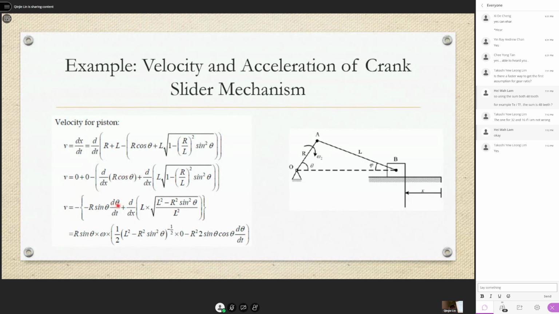So you get another d theta over dt. Then the right hand side, this part they haven't differentiated. They are just still rewriting the one inside in a form that you can differentiate.